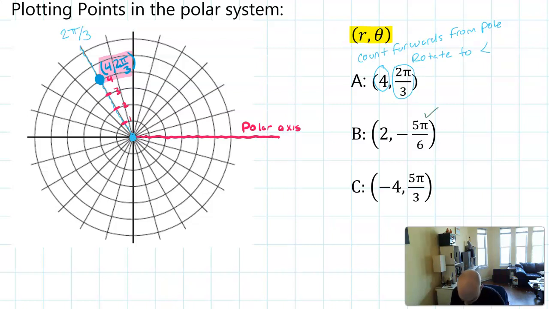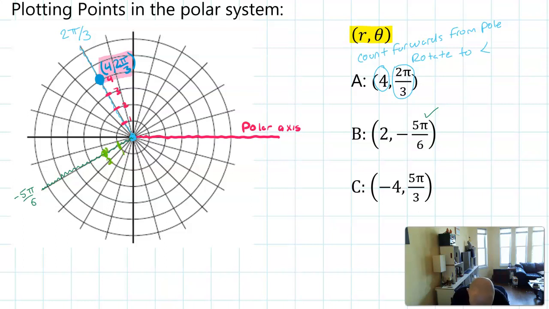So I'm going to do the angle first. I'm going to count around to negative 5 pi over 6, which is opening this way. And it has to be here. So my point will be somewhere along this ray, going out from the pole. And I'm going to count out from the origin, 1, 2.